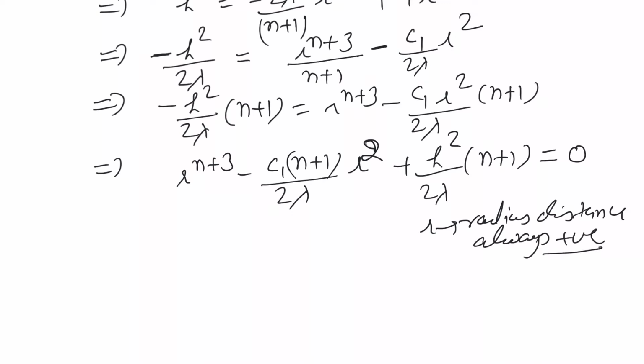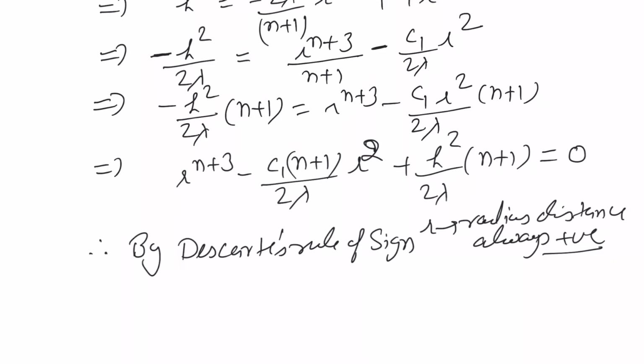Now see, by Descartes rule of sign, this equation, we look at that Descartes rule of sign states that the maximum number of positive roots of an equation cannot exceed the change of sign in that particular equation.